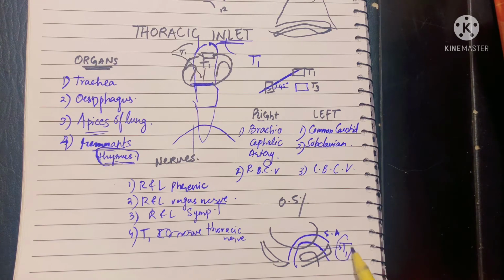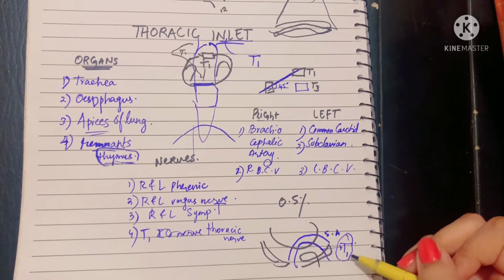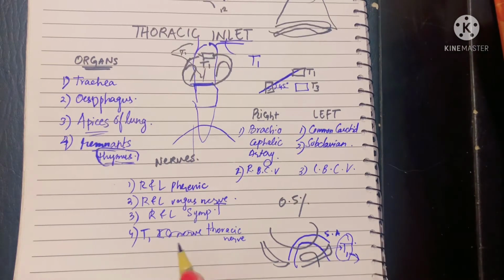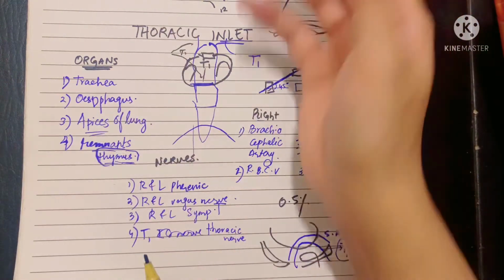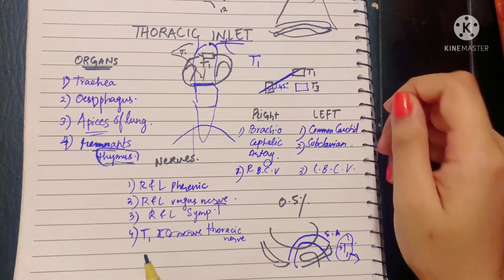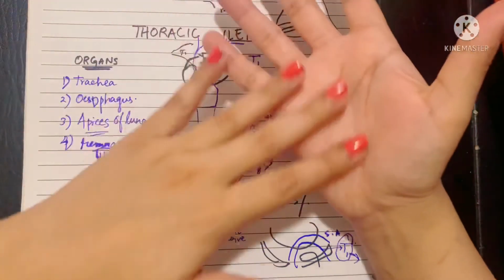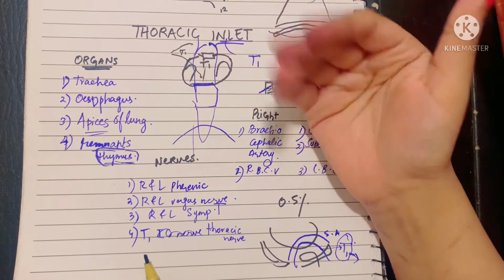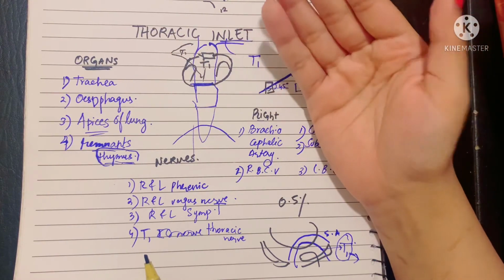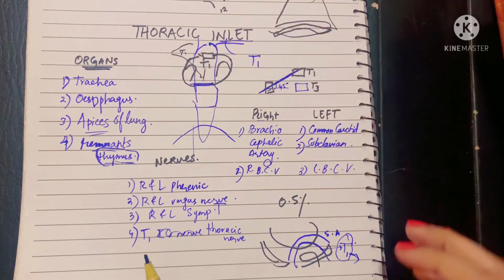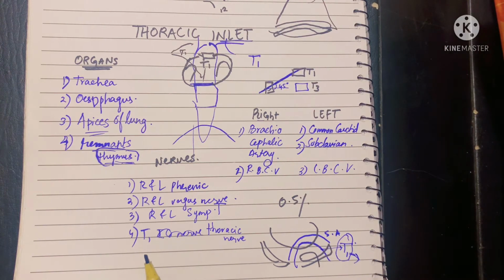When the first thoracic nerve is compressed, it gives rise to paresthesia and hypoesthesia in its area of distribution, which is mostly the ulnar border of the upper limb. Apart from this, it supplies the intrinsic muscles via its branches, so the intrinsic muscles will undergo wasting. Due to subclavian artery compression, there can be ischemia and pain in the sites of its distribution.